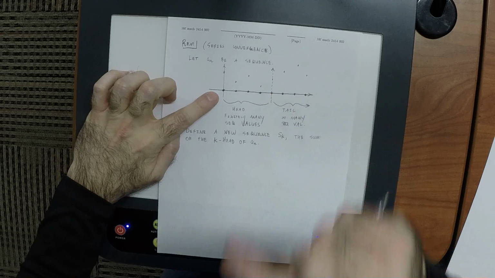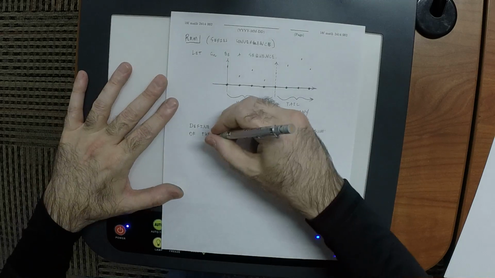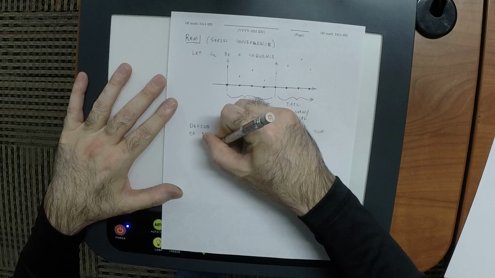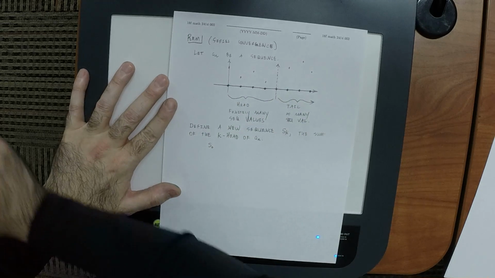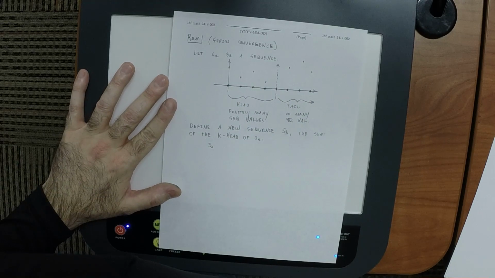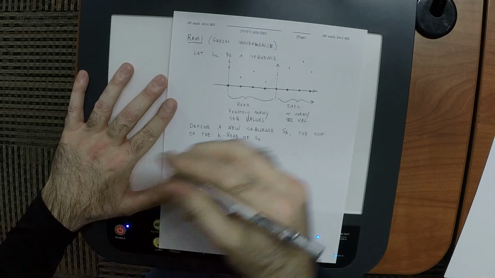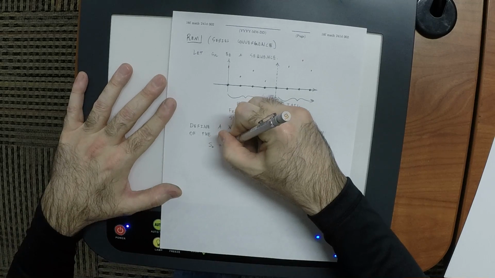What I mean by that: S0 would mean that we've cut off the first term of the sequence AN, and we just took that one. So S0 is going to be A0.